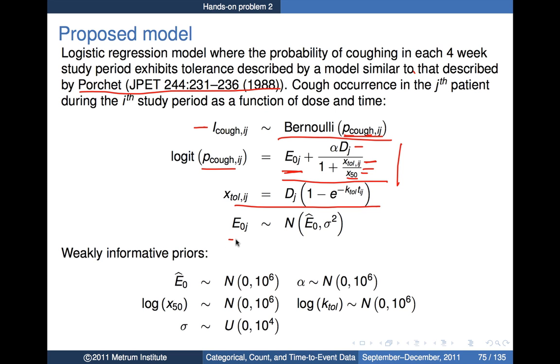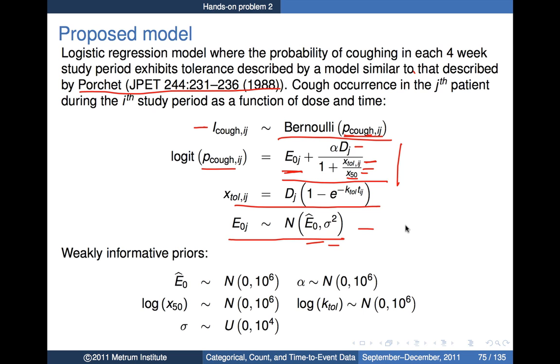And here I've incorporated a random effect in only one parameter, the baseline value here. And just kept it simple. Just made it normal with some mean value and some variance that I called sigma squared for that baseline.